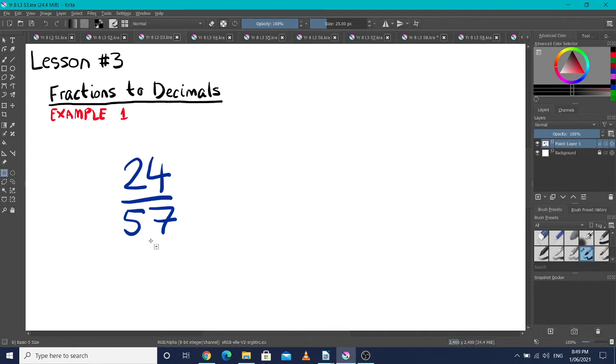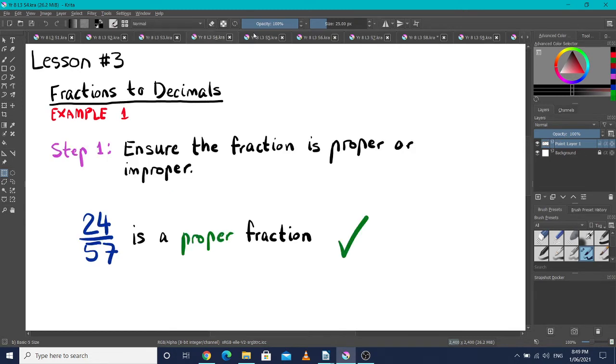So for our first example, we are going to be looking at 24 over 57. 24 over 57 is a proper fraction, therefore we do not need to convert to another type of fraction. We can proceed with the conversion to decimals.